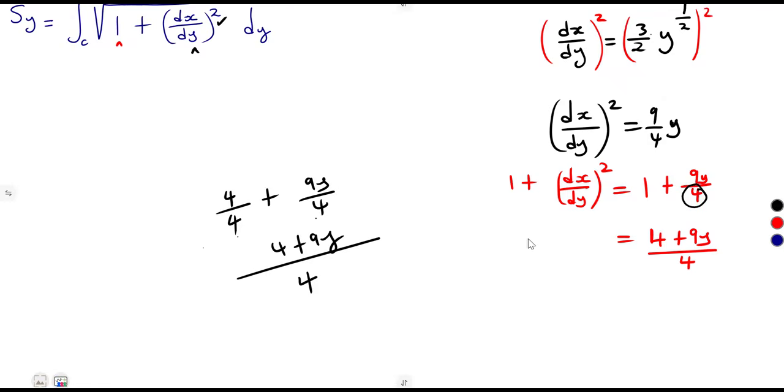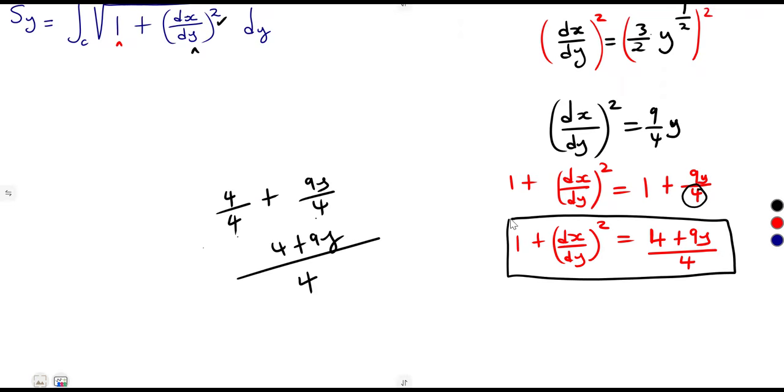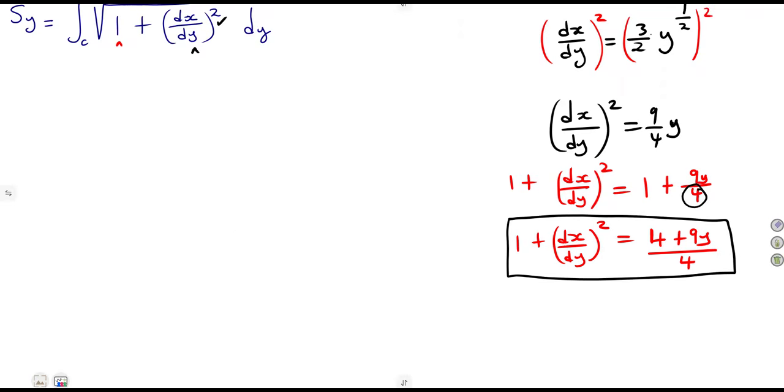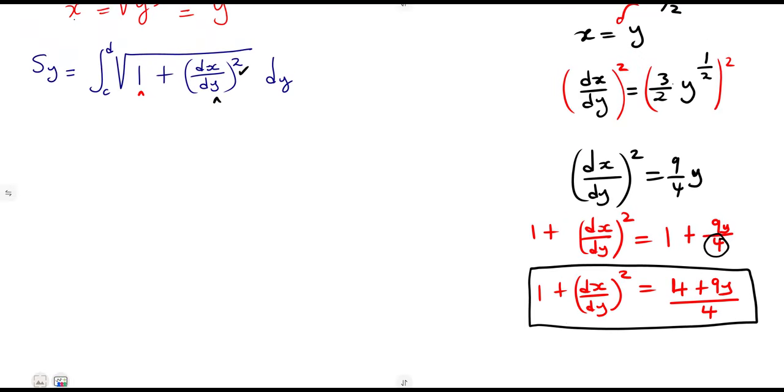So this is the part of 1 plus dx/dy squared. This is our resultant, the part that is under the square root. So you take this, bring it to the square root. This is the part that we are given here, under the square root. All this, you simplify it aside. After having it, you substitute.